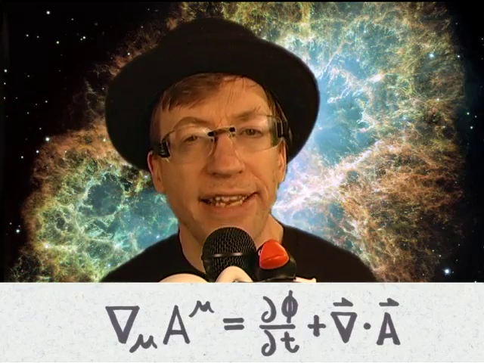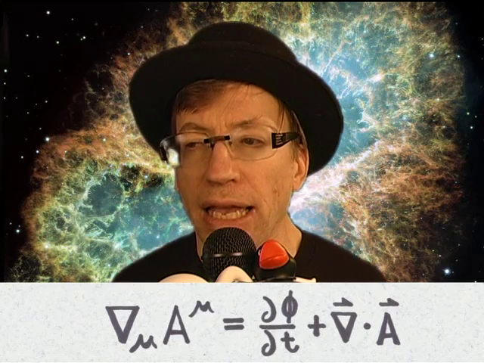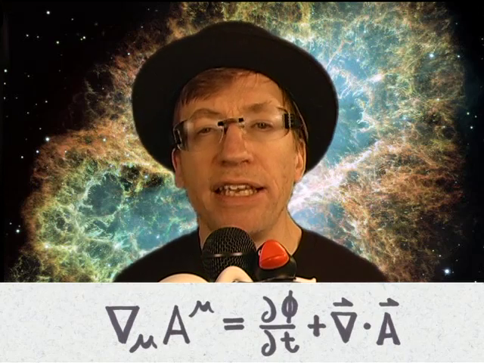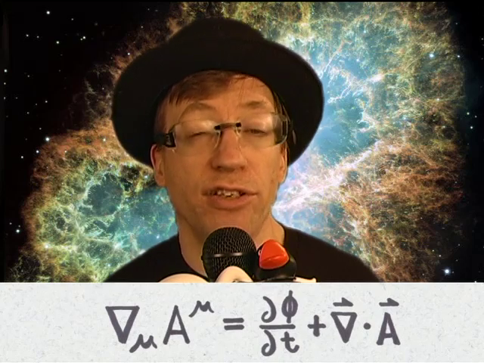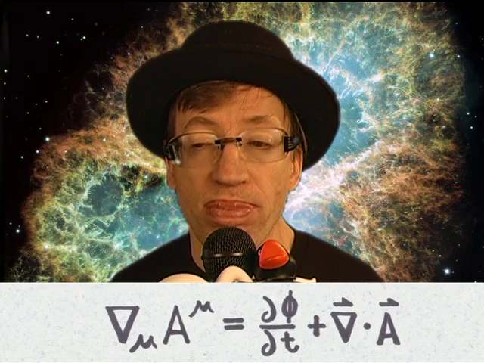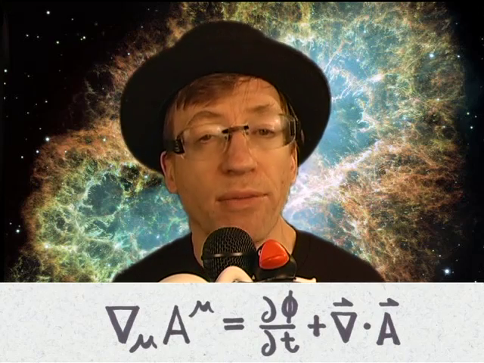So a Lorentz invariant quantity will be d phi dt plus the divergence of A. Okay, well that's good. And when I did this quaternion multiplication, I got d phi dt minus the divergence of A. And I said, what does that mean?